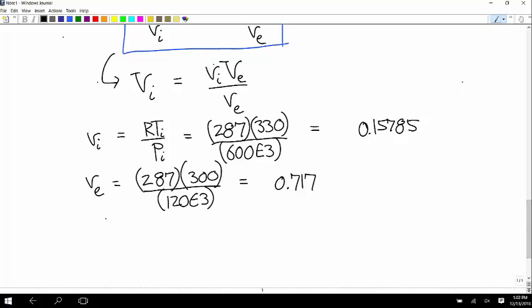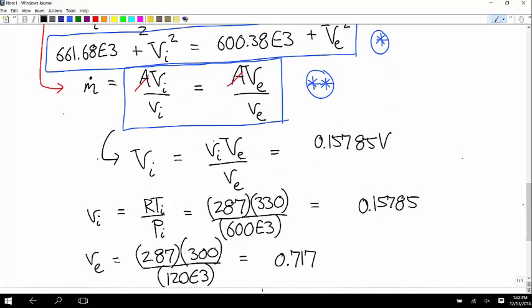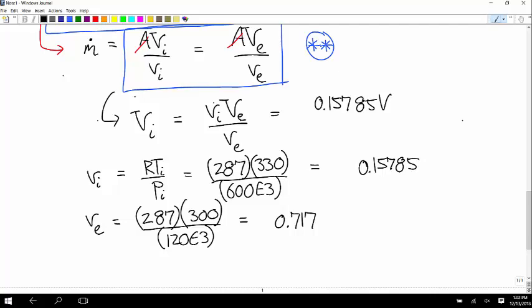Okay, so now the speed at the inlet, use this value. It's 0.15785 times, what am I doing here? I guess let's just come up with a number times the speed at the exit.